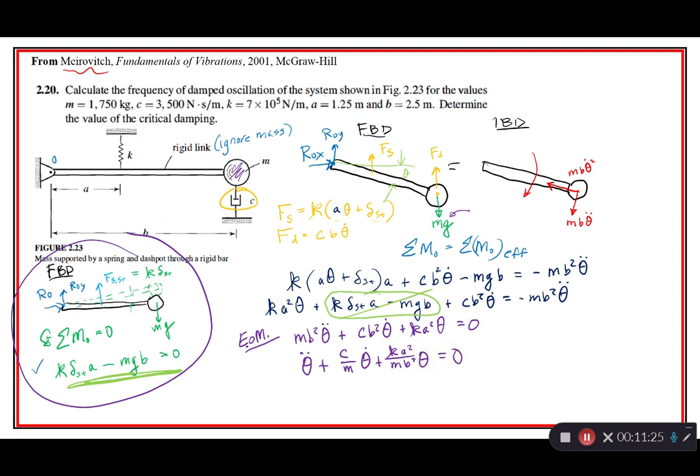Let me double check what I've got here. Okay, so either one of these we could call the equation of motion. This is probably the easiest one to do. But we want to find the critical damping value. So let's go ahead and substitute theta equals e to the lambda t. We could call that the characteristic equation. I think sometimes they mean this is the characteristic equation.